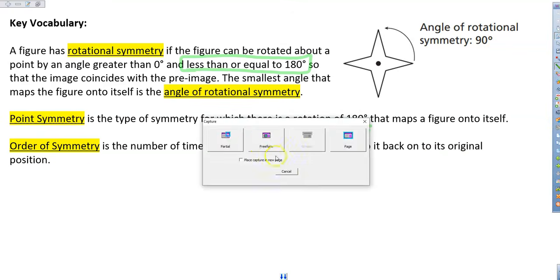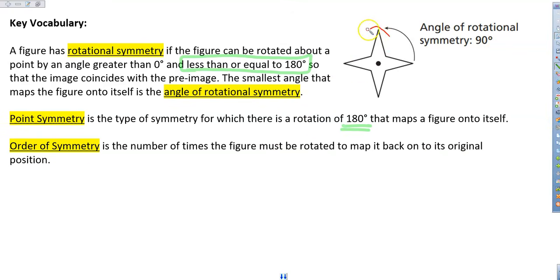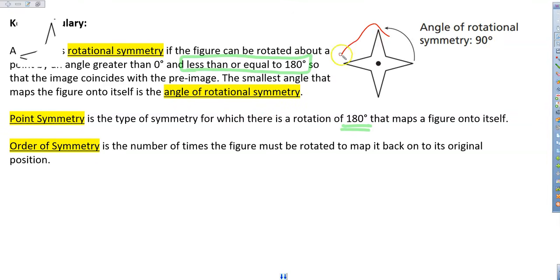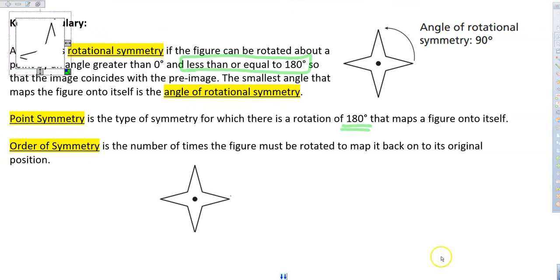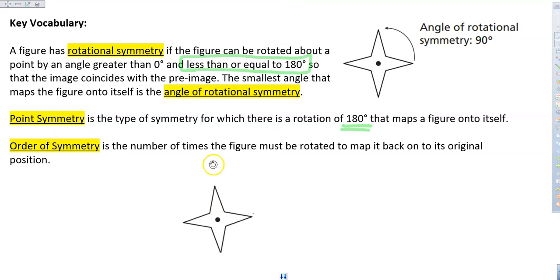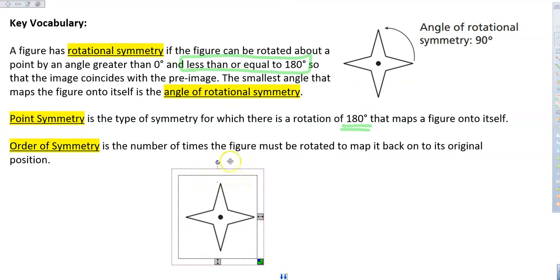So if I take a look at just this figure right here, I can say, if I take this figure and rotate it until here, now it looks the same as it does here. That was one rotation.